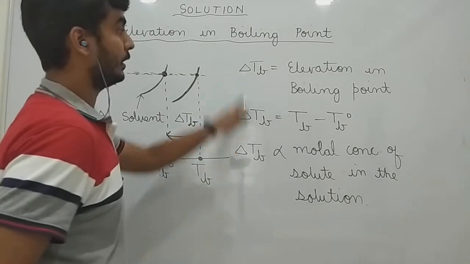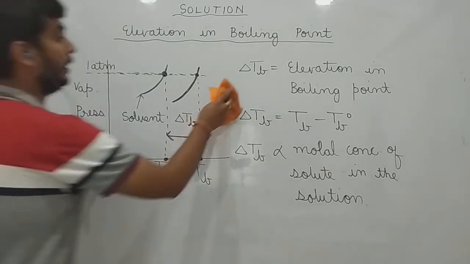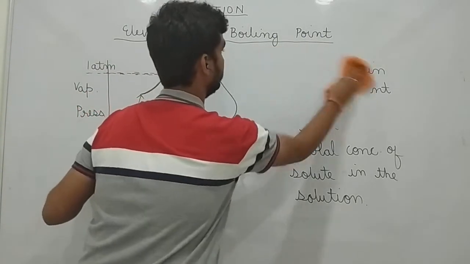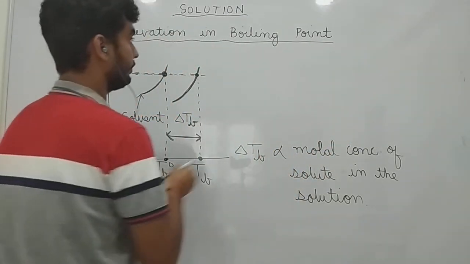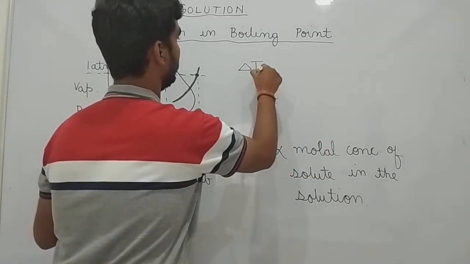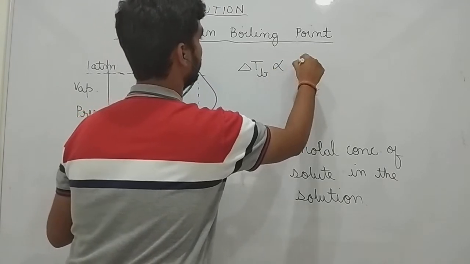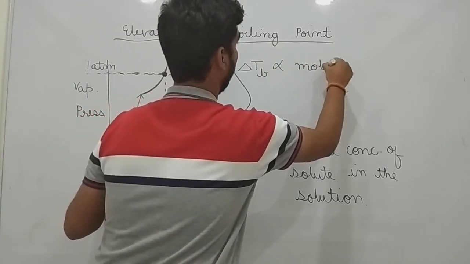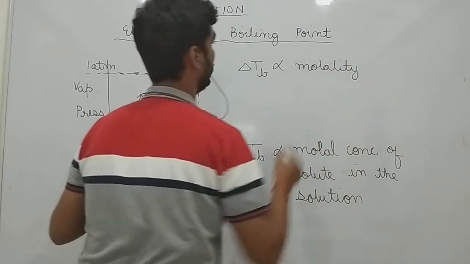So we can write, ΔTb is directly proportional to the molality of the solution.